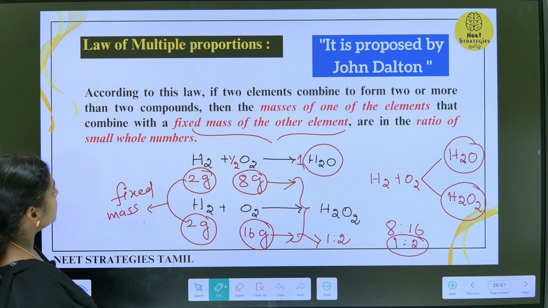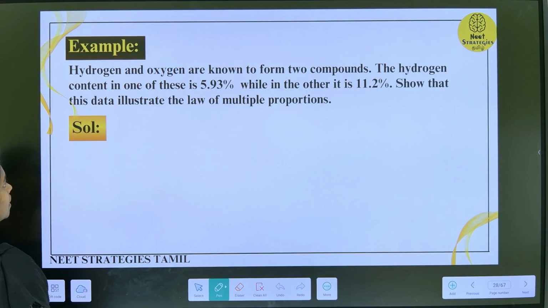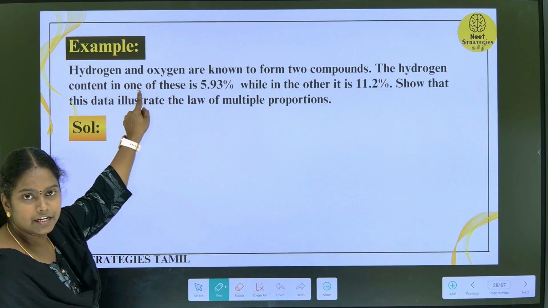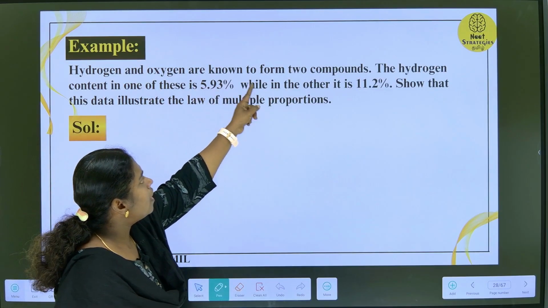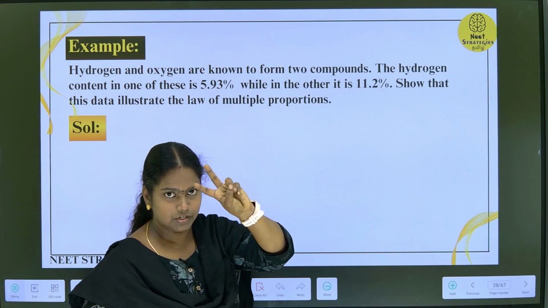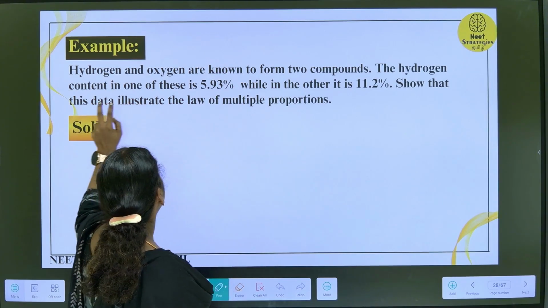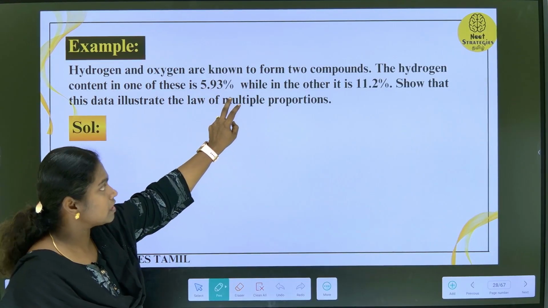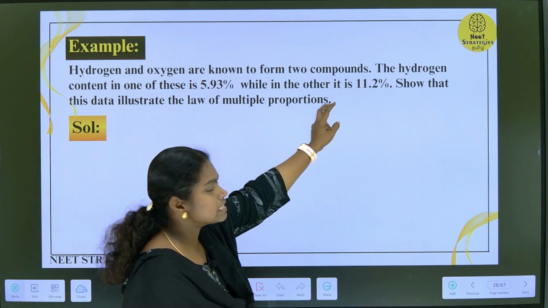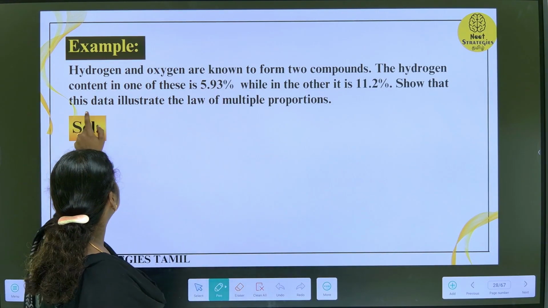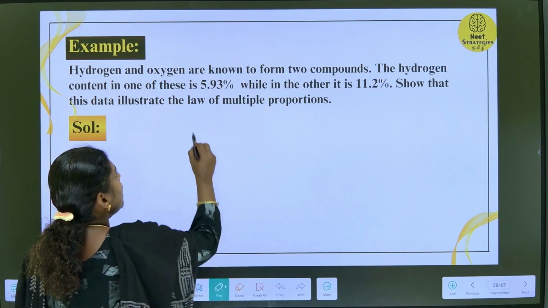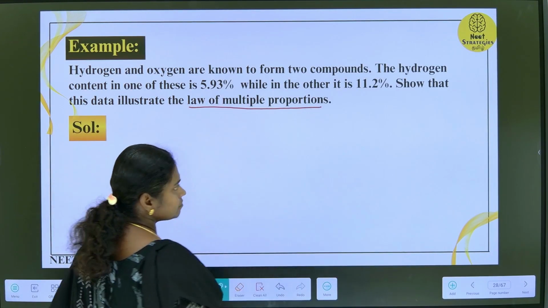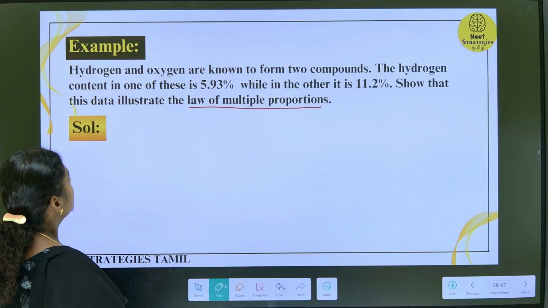Next, a problem based on this. Read the problem: Hydrogen and oxygen are known to form two compounds. The hydrogen content in one of them is 5.93%, while in the other it is 11.2%. Show that the data illustrate the law of multiple proportions.